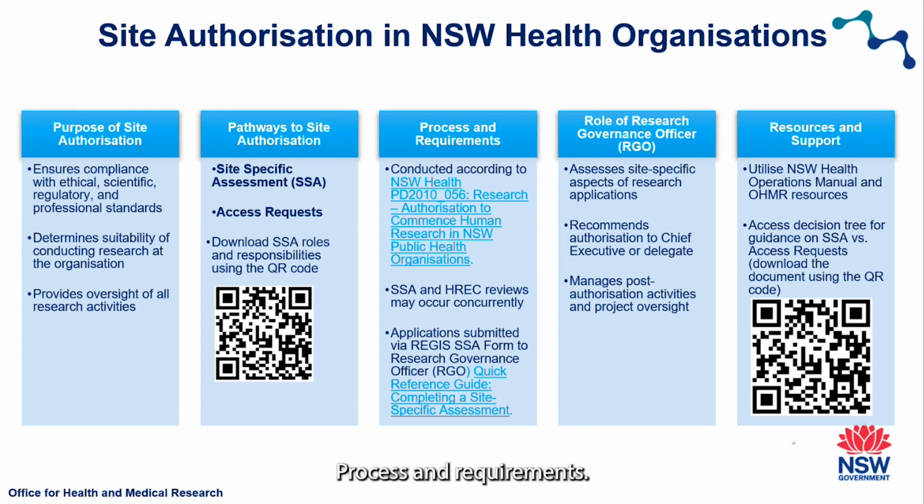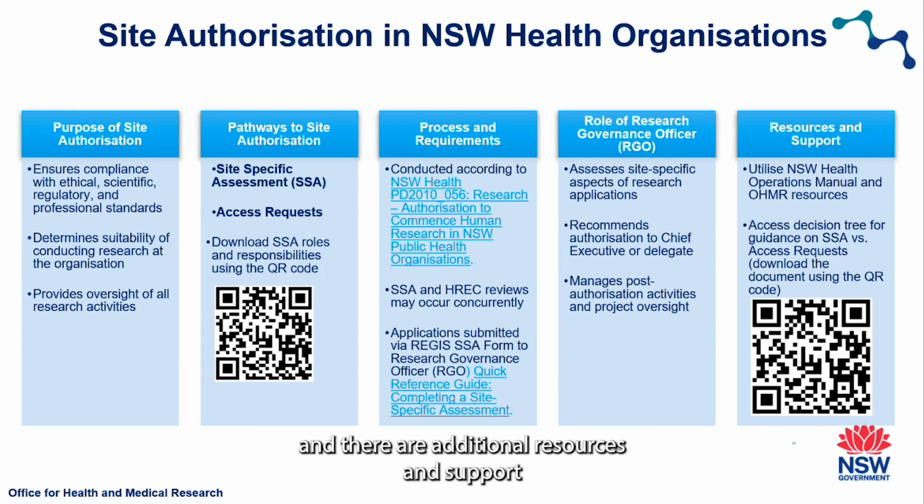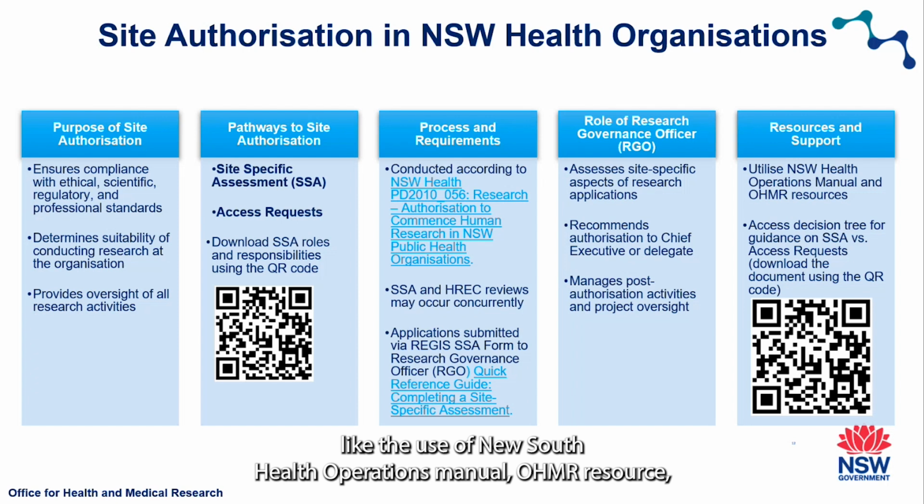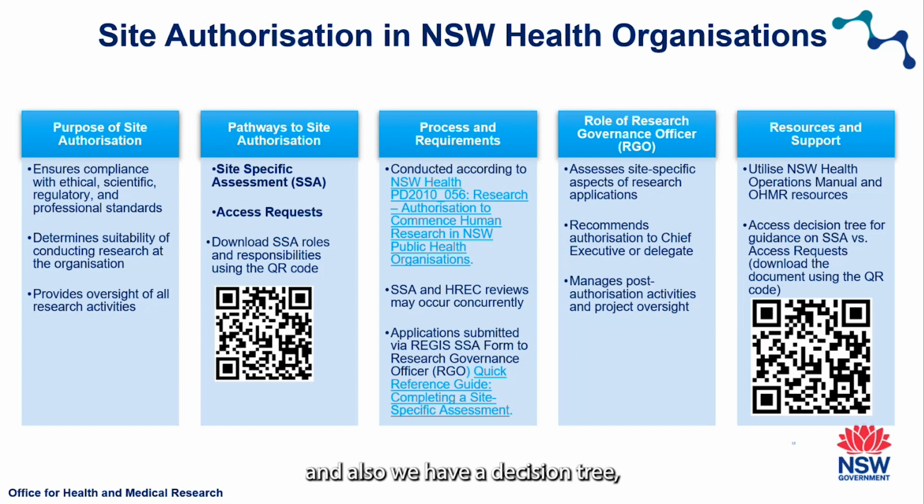Process and requirements: applications must be submitted via REGIS and the SSA form to RGOs. And there is the role of RGOs, who provide critical support throughout the approval process. And there are additional resources and support, like the New South Wales Health Operations Manual, the OHMR resource, and also we have a decision tree for SSA versus access request.